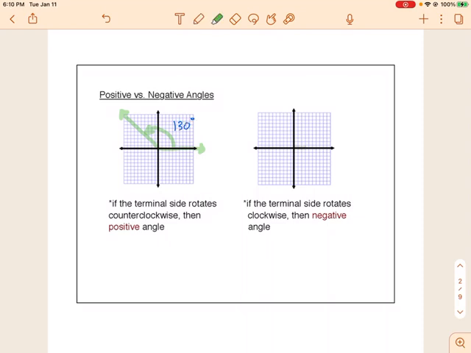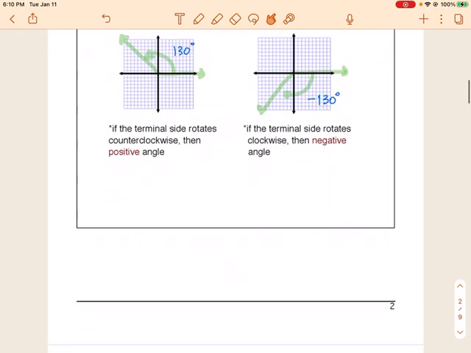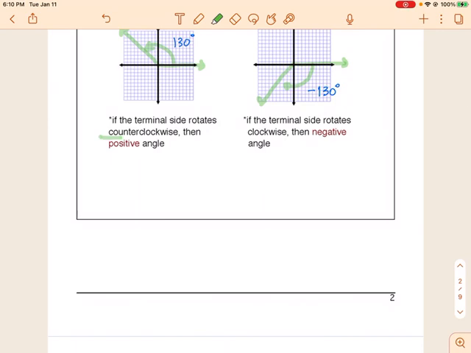If we take our initial side, positive x, and we rotate in the clockwise direction, then we have a negative angle. So we want to pay attention to how we're rotating, clockwise or counterclockwise. Counterclockwise, positive; clockwise, negative.